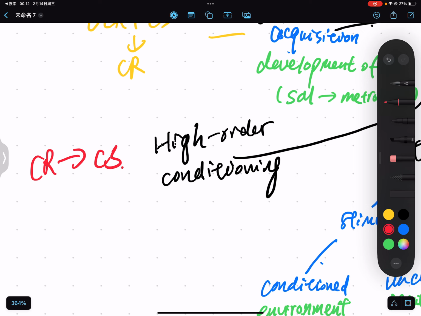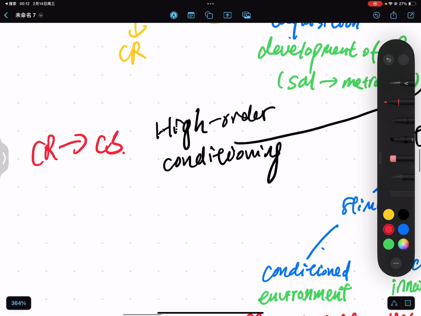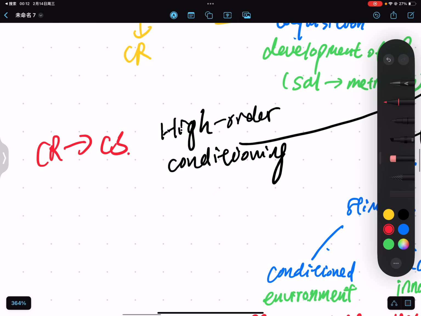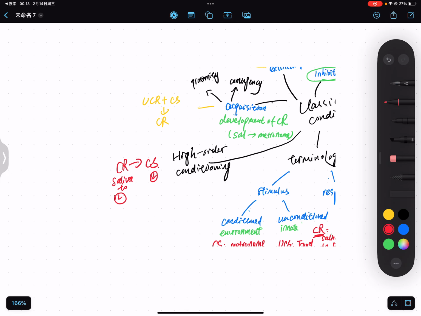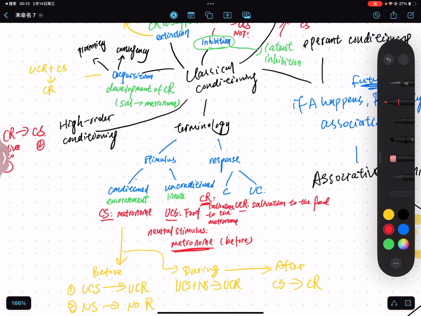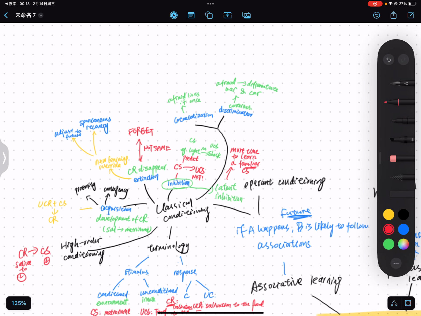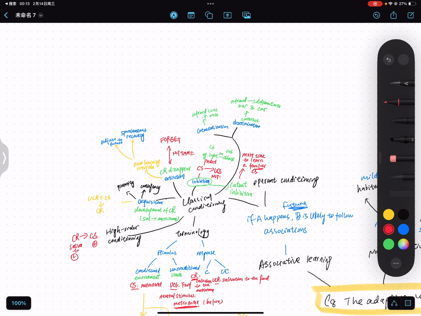So in this example, CR is the salivation to the metronome, and CS is the conditioned stimulus. Before the metronome appeared, you just salivated. So it is higher order conditioning.